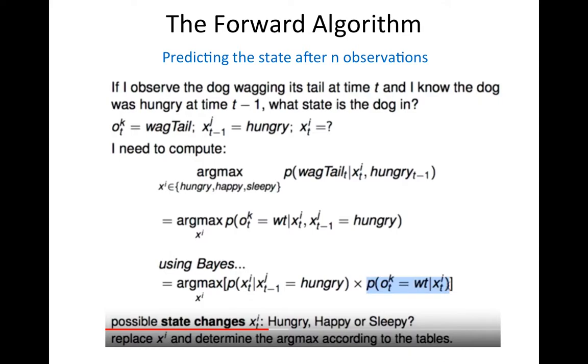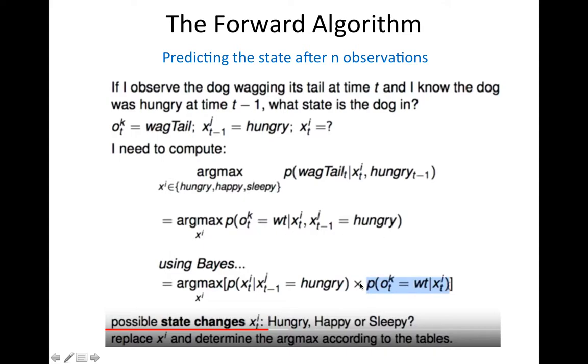The probability of wagging tail given the state xt, and also that we know it is hungry at time step t minus 1, is the same as the observation being wagging tail given xt, with hungry at t minus 1.